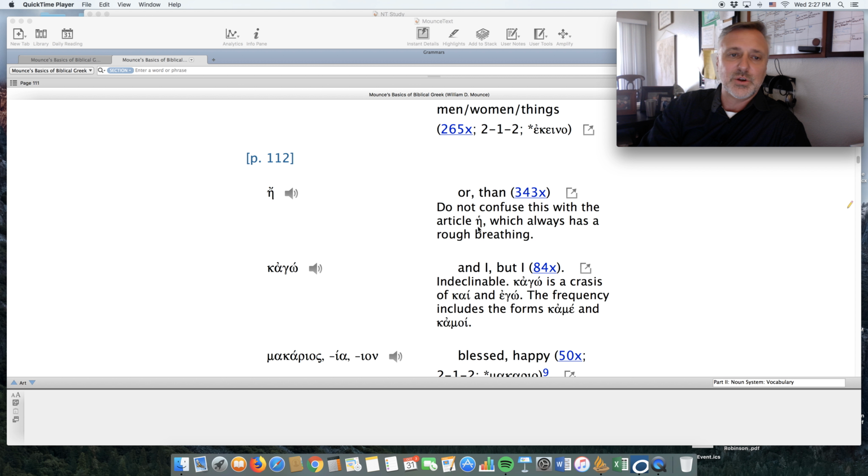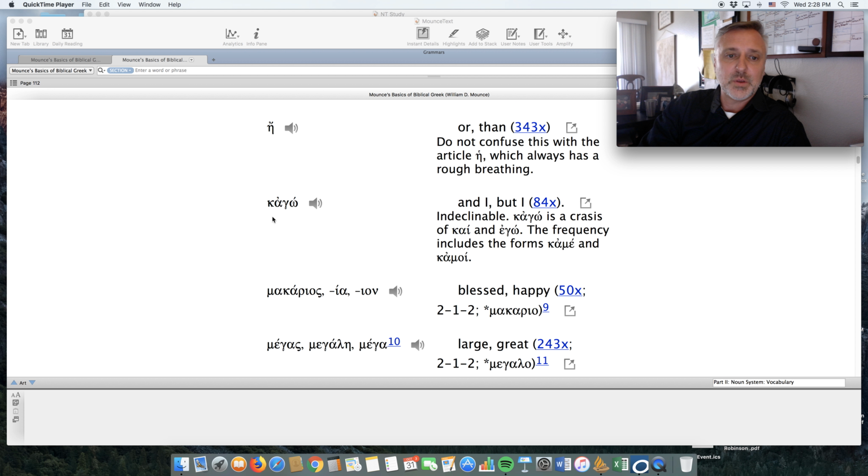I would add also from the next chapter, not to confuse it with the relative pronoun, the nominative feminine singular relative pronoun hey. So you can see in the appendix some places where you might see words that look quite a bit alike, where rough breathing and accent marks matter.